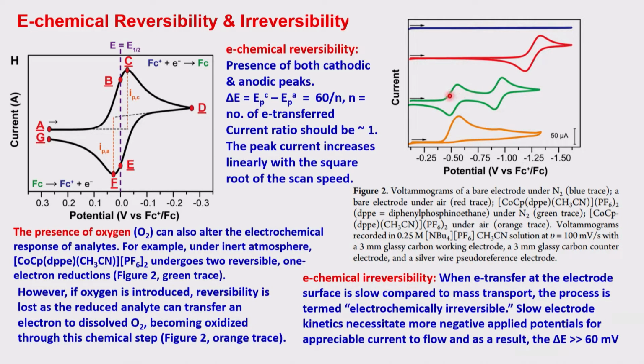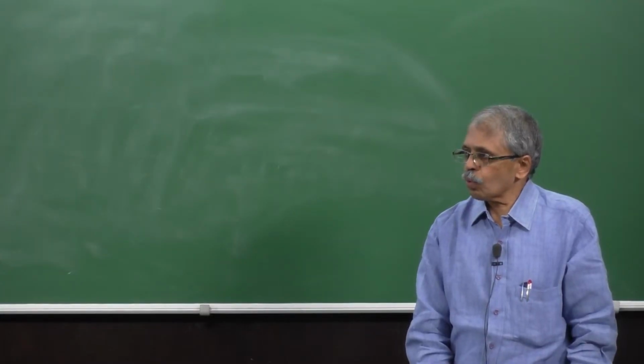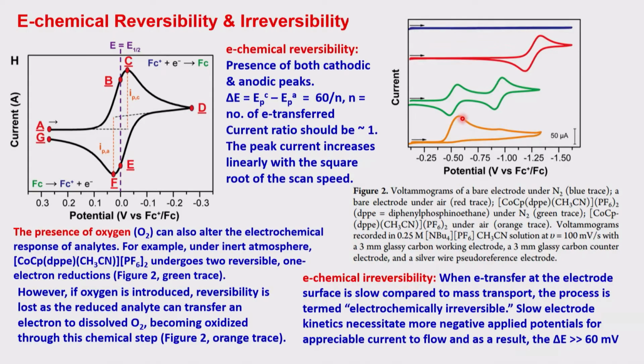So this green trace has a one electron kind of process. Now that is done under the nitrogen atmosphere. Now if I allow the oxygen atmosphere in the medium, then it will go to only one peak and then almost nothing, and it becomes irreversible.